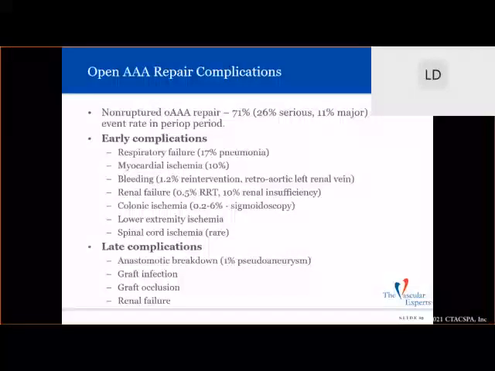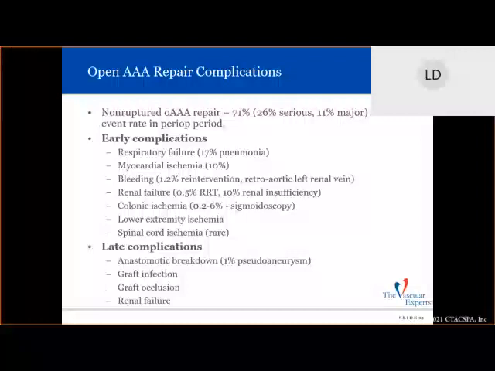If the patient has a bowel movement immediately post-op after an open aneurysm repair, and particularly if it's jelly red, then you know that there's colonic ischemia. The subclinical incidence of colonic ischemia is very high, anywhere from 15 to 30%. But the symptomatic ischemia is pretty low, and in elective repair you see here 0.2 to 6% reported. Patients are usually in the ICU anyway immediately post-op, so you would do a flexible sigmoidoscopy.